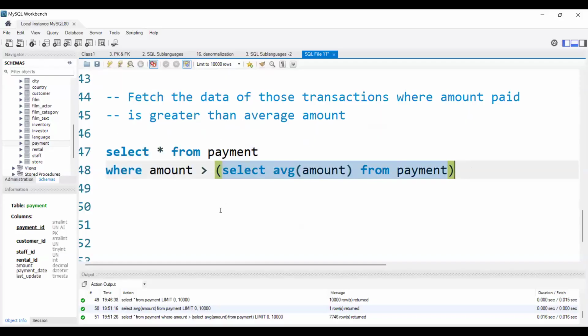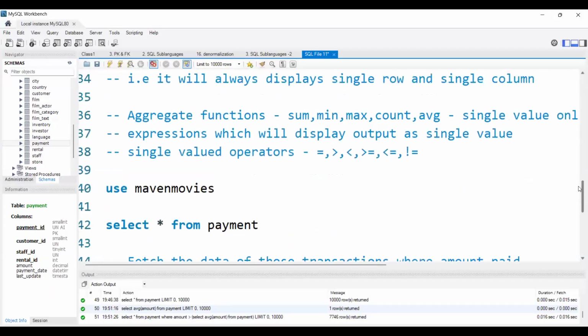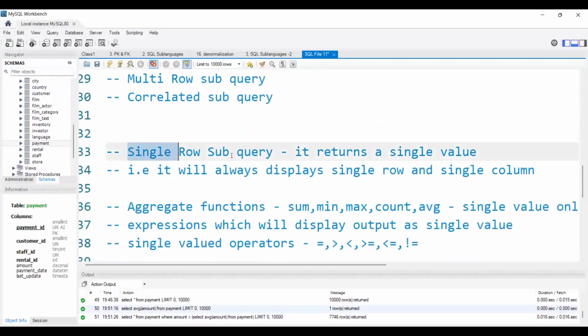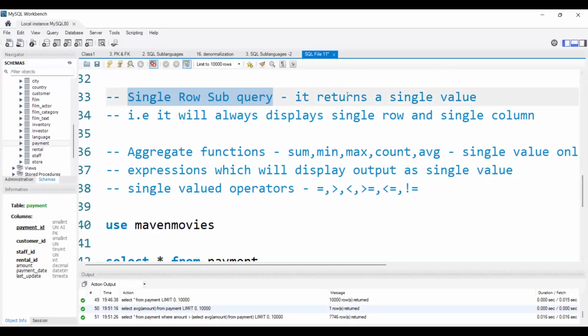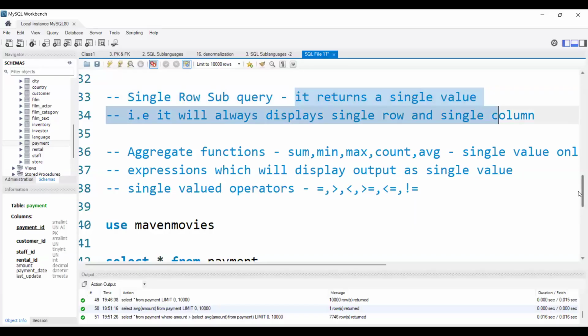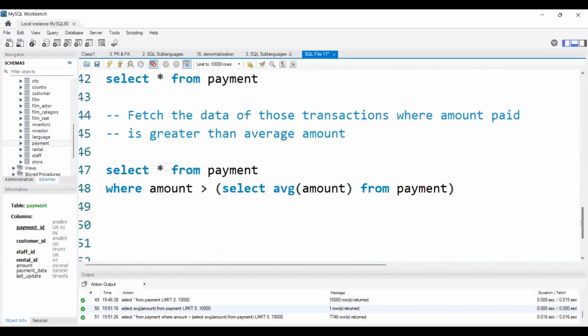Whenever we use aggregate functions inside the subquery, that subquery is called a single row subquery, correct? Basically it returns a single value. If the subquery returns a single value as the output, it is considered a single row subquery. Basically, that will be possible with aggregate functions only.